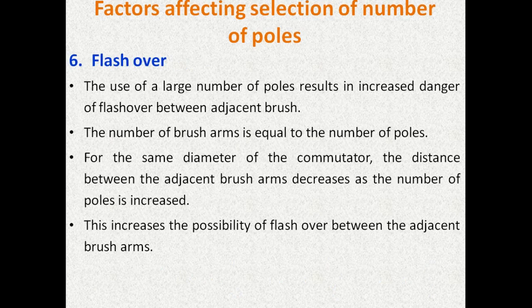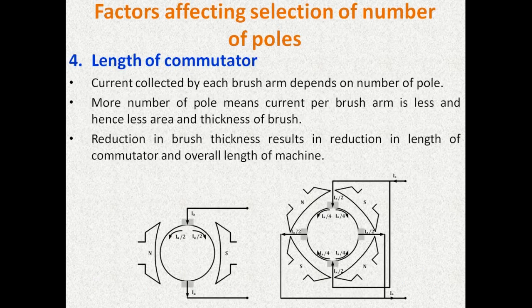Next factor is flashover. From this diagram, it's very clear that when the number of poles is increased, then for the same armature diameter and the same commutator diameter, the distance between the adjacent brushes is reduced. In this 4-pole machine, the distance between adjacent brush arms is reduced compared with the 2-pole machine.